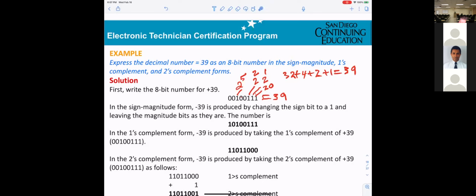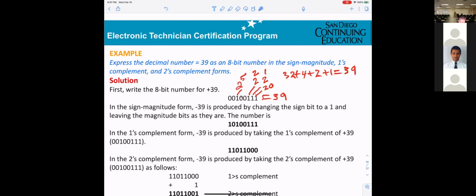In the sign magnitude form, minus 39 is produced by changing the sign bit to a 1. The last one here, change that to a 1, and leave the magnitude bits as they are. Basically, you just keep this number and only change the most significant bit.